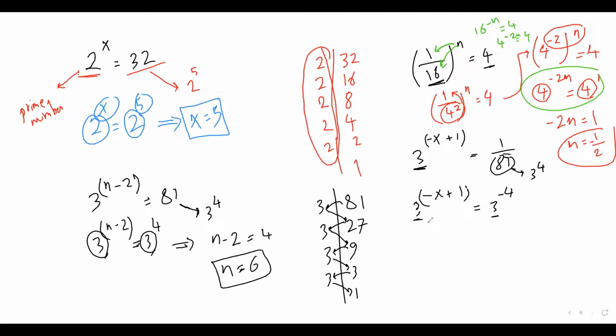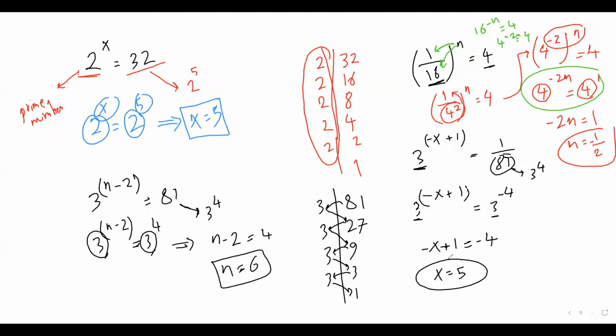So the bases are all the same. The conclusion is that the powers must be the same. So x would be positive 5, right? Negative x would be negative 5. So the negative cancels out and you are left with x equals 5.